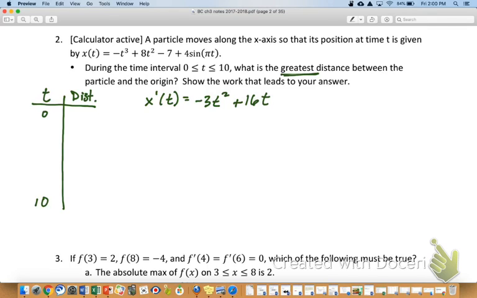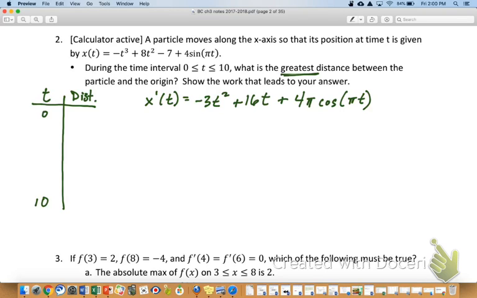Chain rule. So what do you think the derivative of 4 sine of pi t is? 4 pi cosine pi t. Perfect. That is highly encouraging. Awesome. No inverse tangents on this one. Okay, so you look at that derivative, and hopefully you can get to those 3 terms in that derivative.